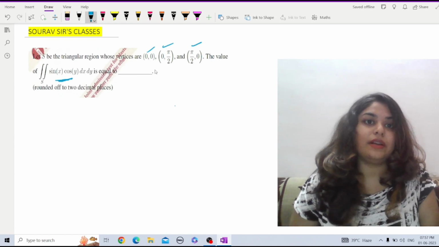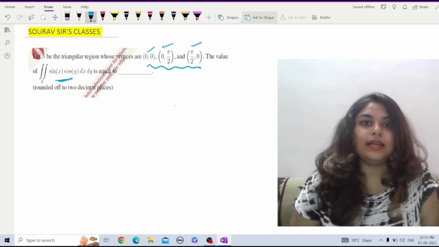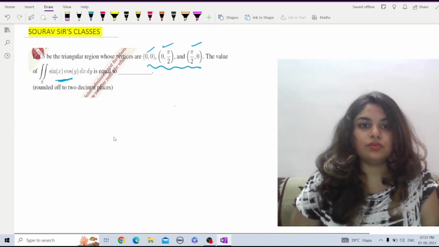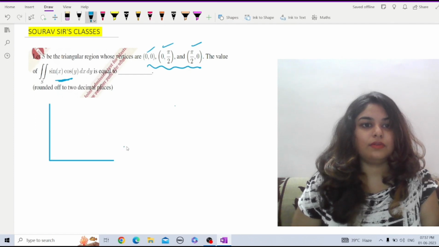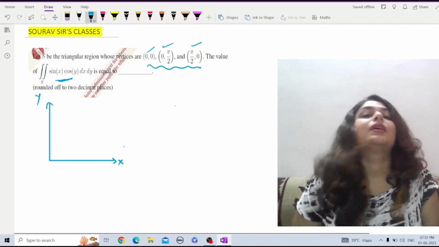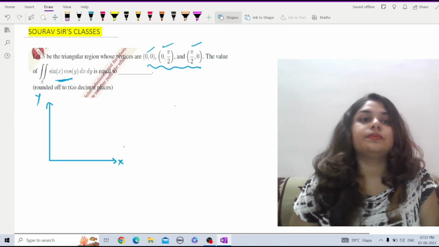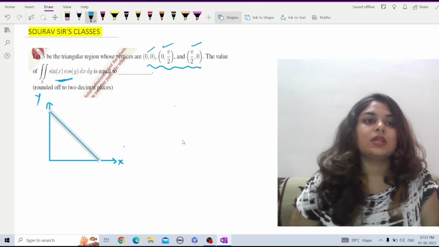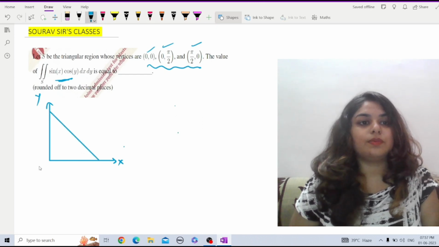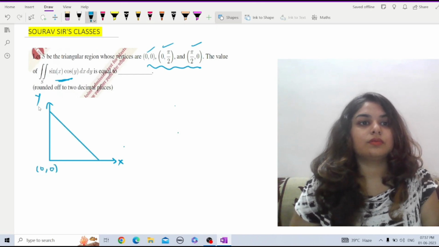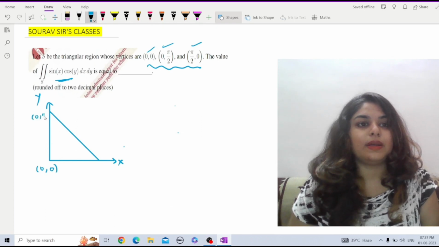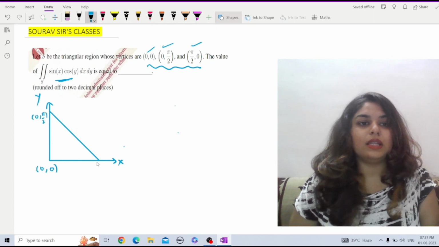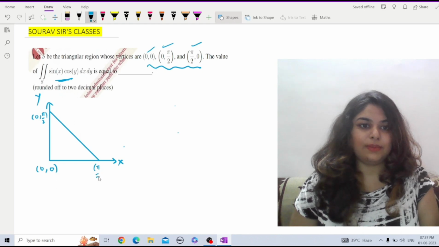Before that, let us try to understand using a diagram what it is trying to mean. So here we have x and y, and this is the triangular region we are talking about, bounded by (0, 0), this is (0, pi/2), and this is (pi/2, 0).